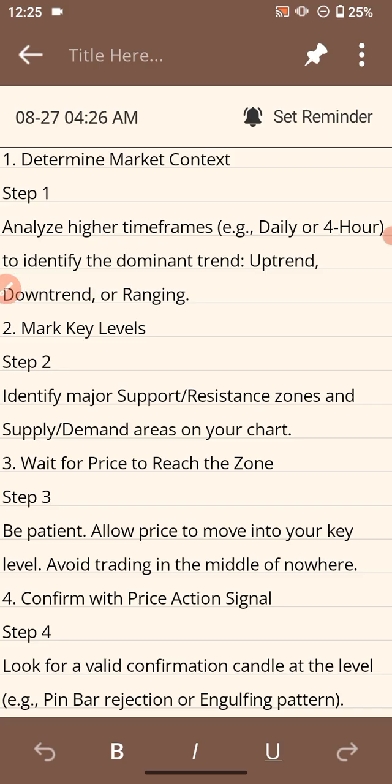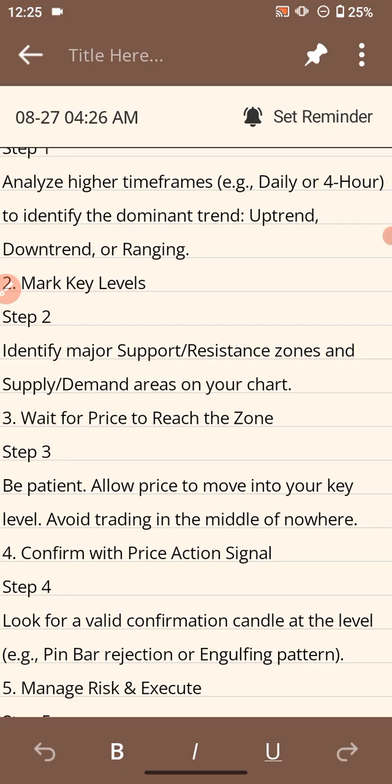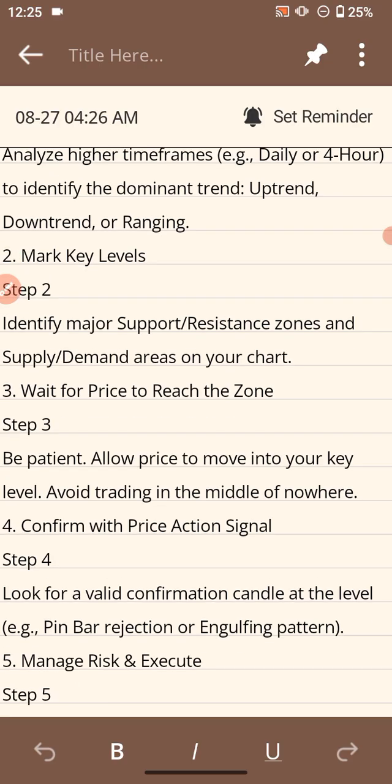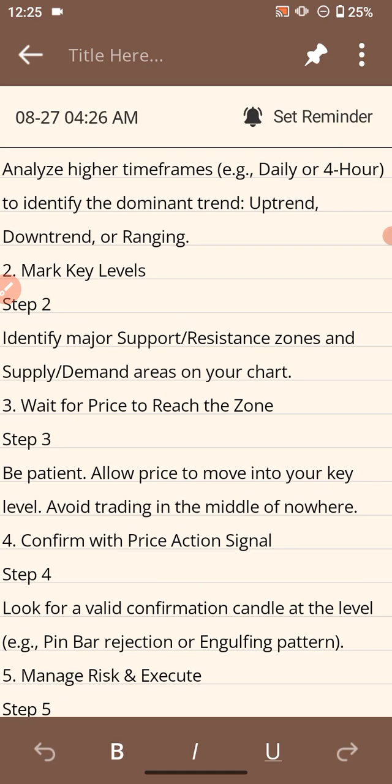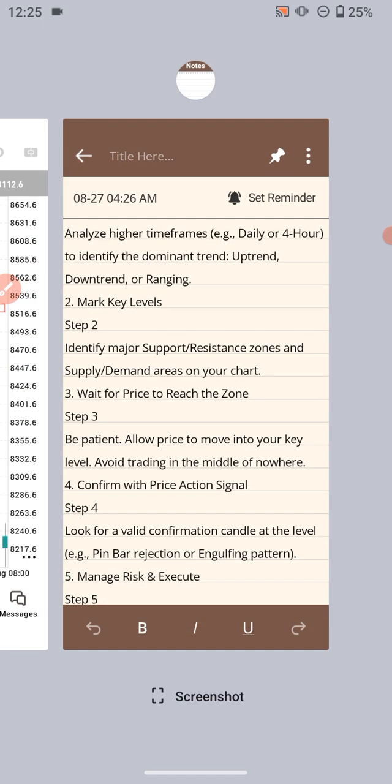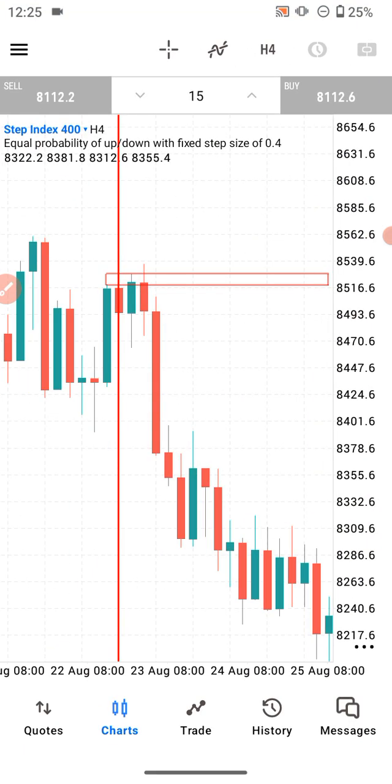So we are using the 4-hour time frame to identify our dominant trend, and that's the first thing we have just done by opening the 4-hour time frame here. So I just did the marking of key levels. Step 2 is that I will identify major support and resistance zones, supply and demand areas on the chart. So let's go and do that before we execute a trade. We have done this now.